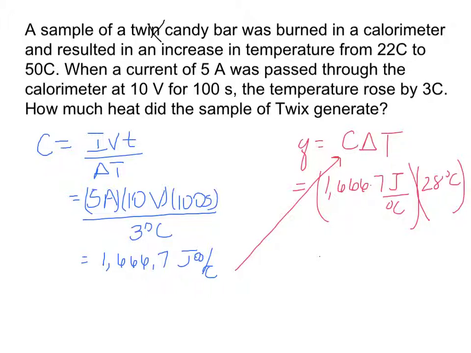And when we simply multiply those two together, we get a heat output of 46,667.6 joules for that sample of candy. Very simple. Step 1, calibrate the calorimeter, calculate C of that. Step 2, use that C and multiply it by the change in temperature to get your heat output.